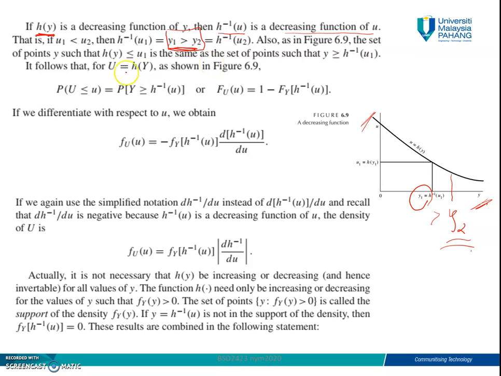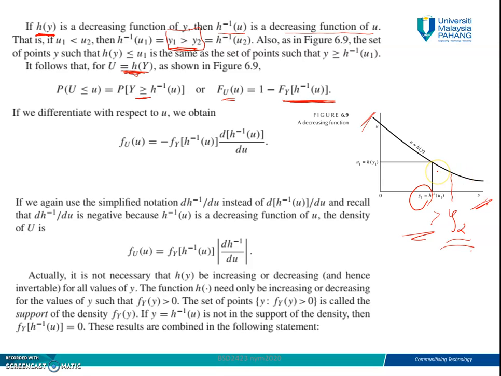So it follows that for u equal to h(y), as shown in this figure, the probability that U is less than u is the probability that y is greater than the inverse function of u. Or in other words, if you want to find the distribution function of u, it will be 1 minus the distribution function of y.